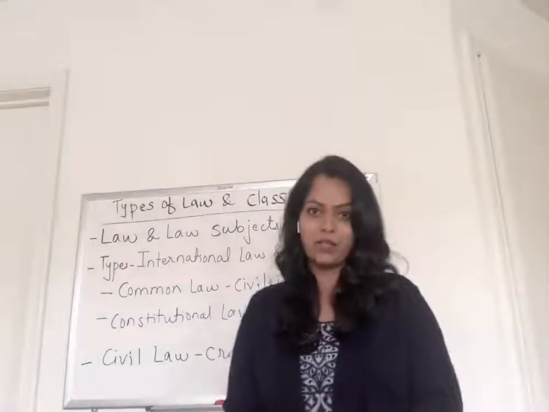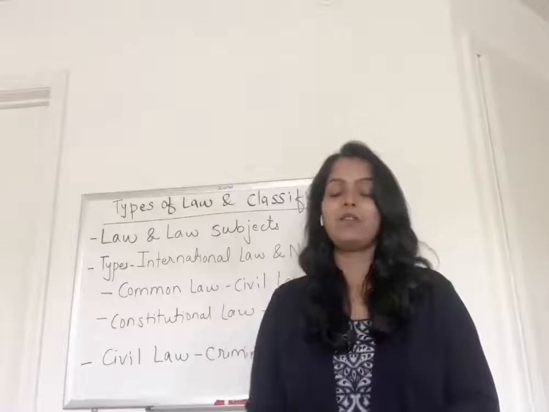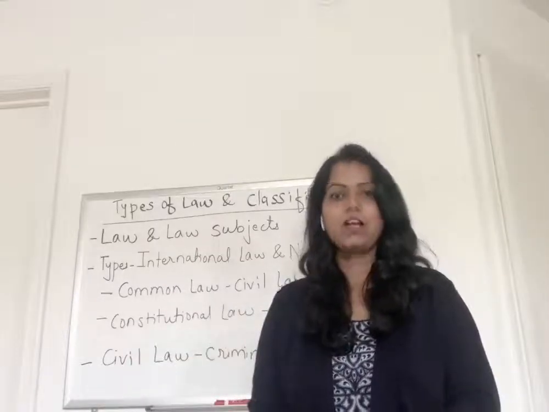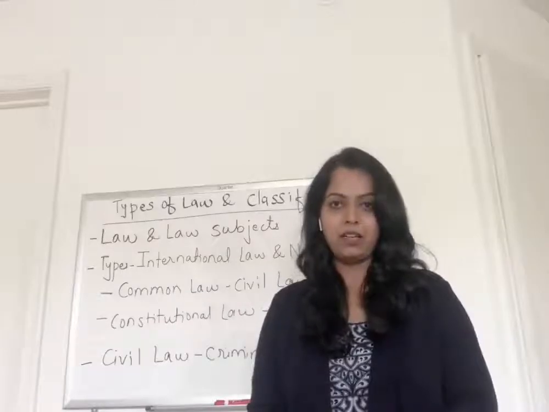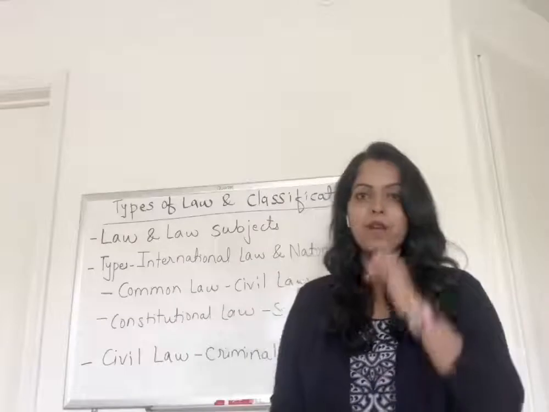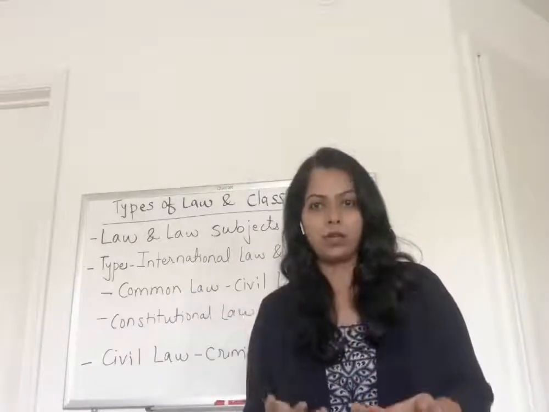Now I am going to answer your question, why there are articles in the Constitution and why there are sections in other laws. The Constitution of India was made by the Constituent Assembly after independence. The Constituent Assembly came together and made a constitution.